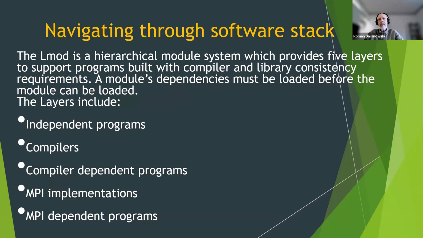So we have MPI implementation built with the GCC. We have Open MPI implementation built with Intel. We have MPI implementation built with the NVIDIA compilers. So depending what you need, you have to basically navigate with that.